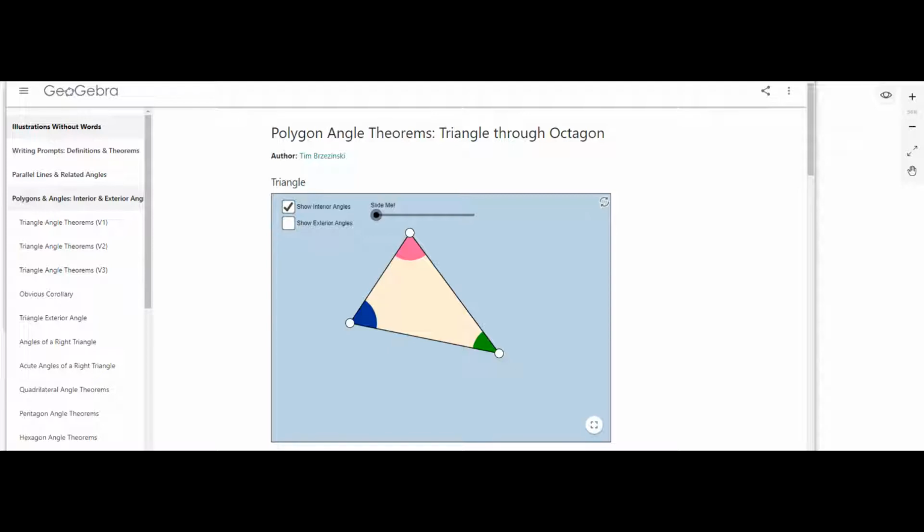So I want you to keep an open mind, and I would highly recommend that in your spare time, you go play around with this. If you have children in your family that are learning anything to do with geometry, this is an amazing tool. And the person whose materials I'm using right now, Tim, I don't know how you pronounce his name, for years I have sought out his resources because they are clear, they are short, and they are everything I expect my students to be able to understand afterward.